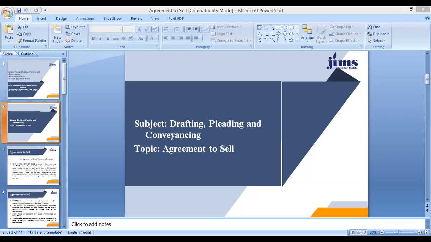The same has been defined in Section 4 clause 3. An agreement to sell also becomes a sale when the given time elapses or the conditions needed for the transfer to happen are fulfilled. Thus, an agreement to sell establishes the terms and conditions of the offer of a property by the seller to the buyer.